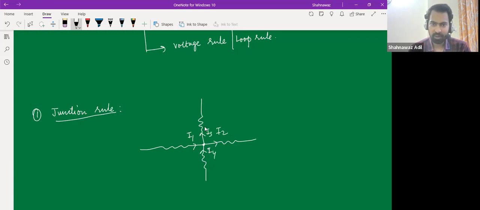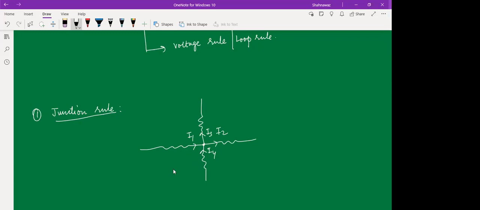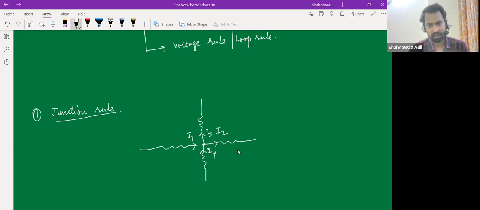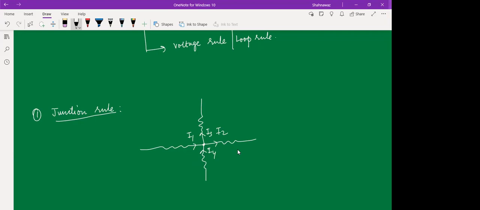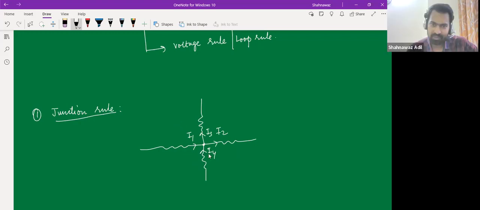So you guys can see how many currents are there at this junction? 4. And how many are incoming and how many are outgoing? 2 are incoming and 2 are outgoing. I1 and I4 are incoming, right? And I3 and I2 are outgoing.